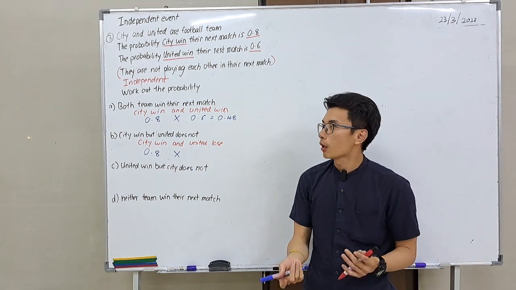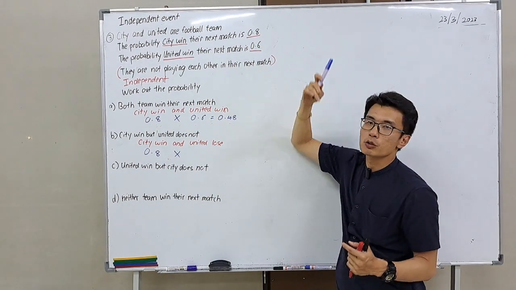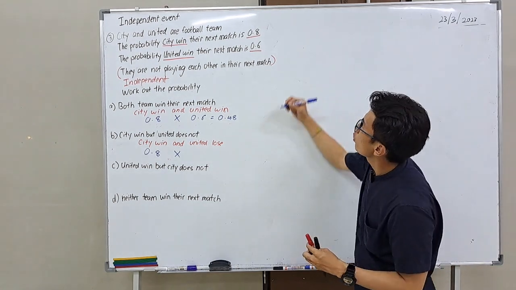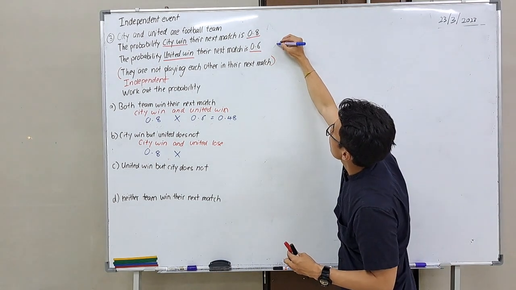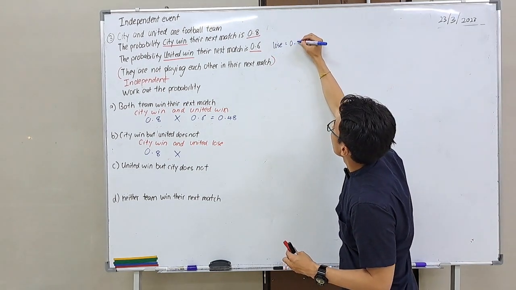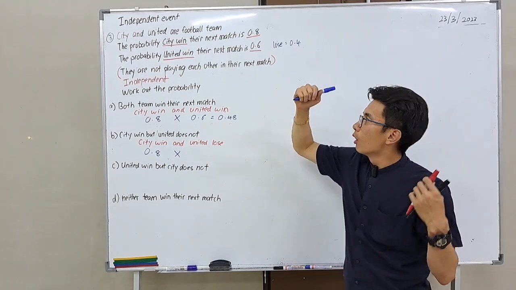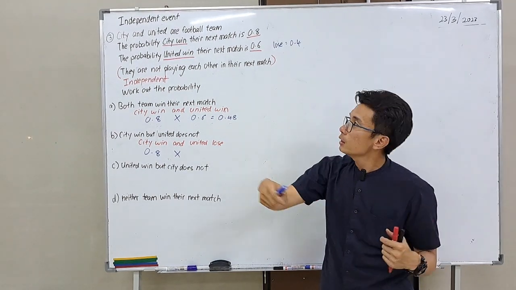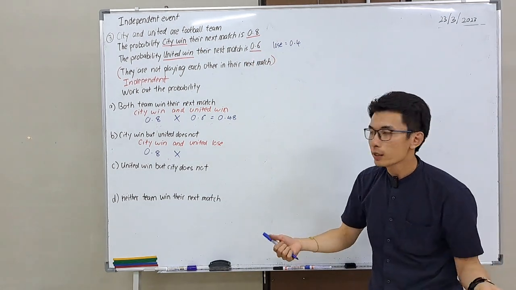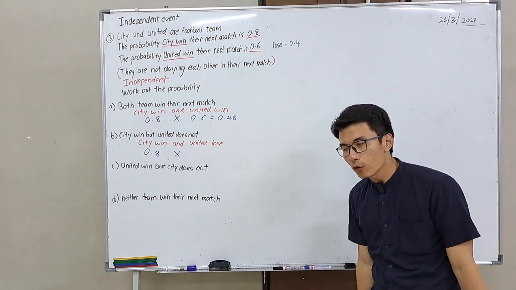We know that if United wins it's 0.6, which means the probability that they will lose is going to be 0.4. How do I know this? I can take the maximum probability, which is 1, minus this one, and I will get 0.4. That's how I get it. So the probability of United lose is 0.4.